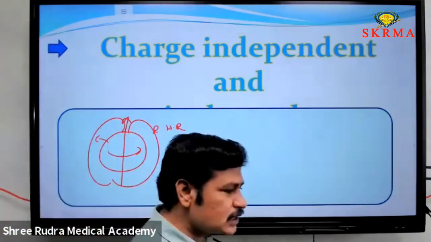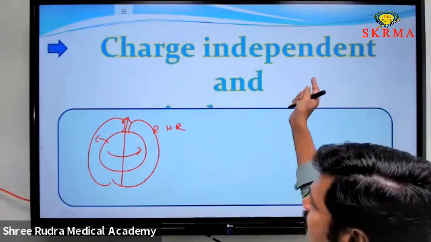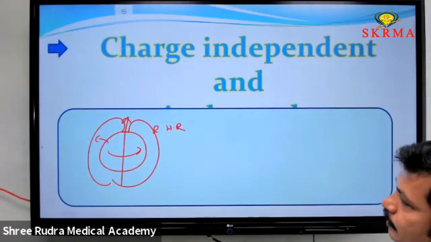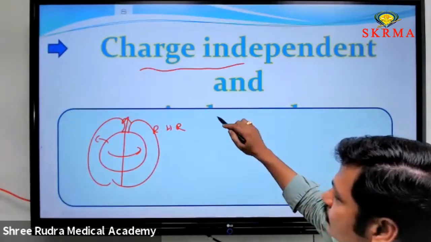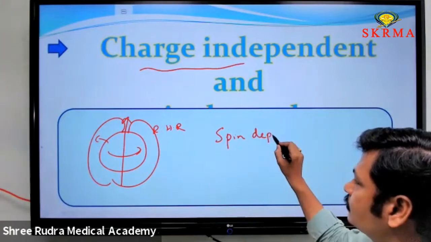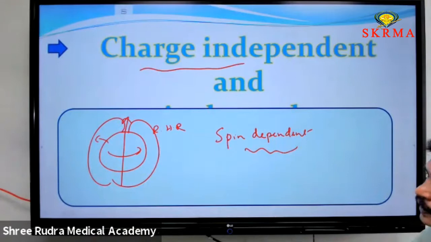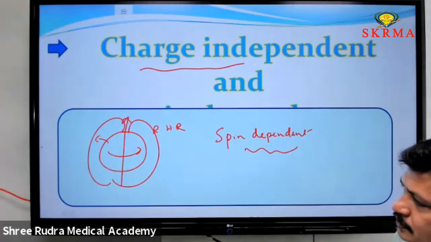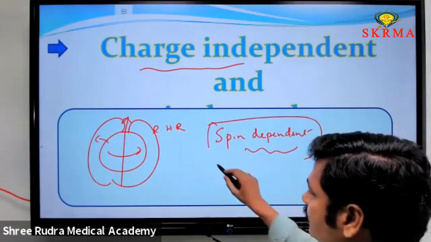These forces also influence the nature of the nucleus. This way, two properties are important. You have to remember these two points: one is charge independent, the other one is spin dependent. Due to the spin, there arises a magnetic angular momentum. Let us see the next property.